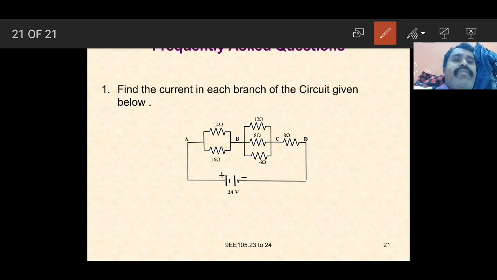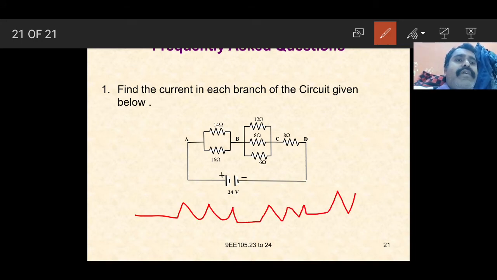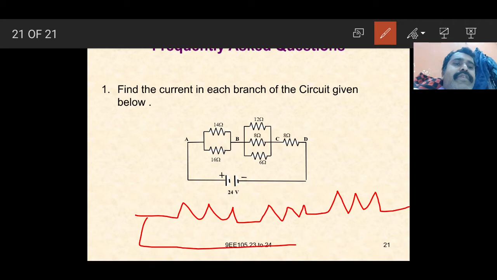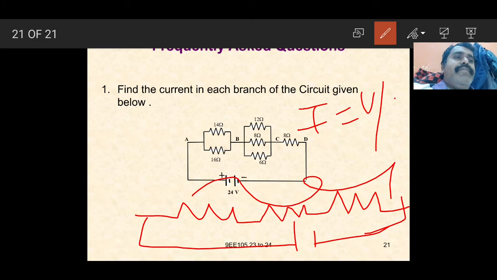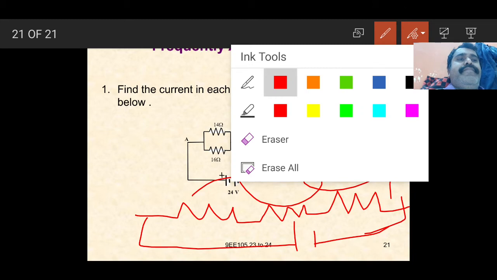Next, RAB, RBC and RCD are in series, so we have to add all three resistances. Then we have to find the value of I, where I is equal to V by R. Then we find the current through the 14 ohms, 16 ohms, 2 ohms, 8 ohms and 6 ohms resistors.